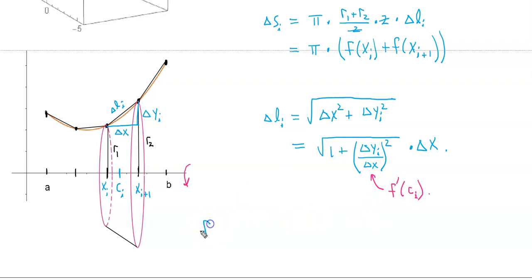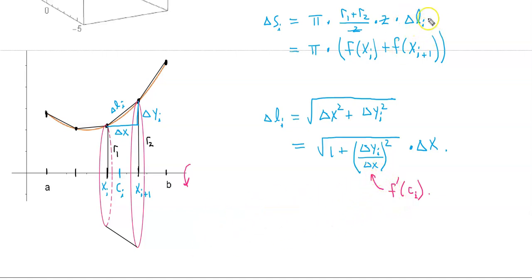Remember, the mean value theorem states that the denominator here is your change in x, so that's the delta x, and the top is your change in f, or change in y. And so there's some c value between a and b where the derivative is equal to delta f over delta x. And that's exactly what we're saying right up here.